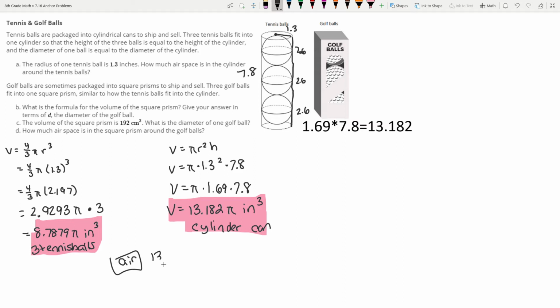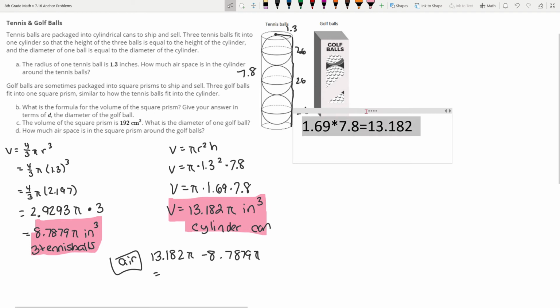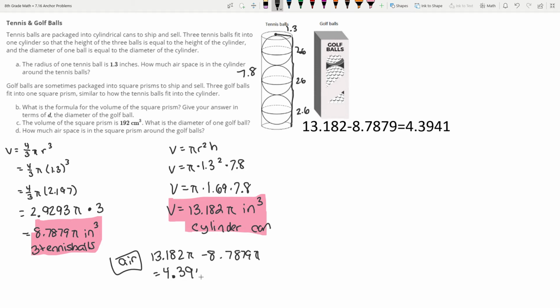Take the 13 and 182 thousandths pi, subtract the 8 and 7,879 pi, and we end up with 182 minus 8.7879 is going to be that much pi. So as an exact answer it would be 4.3941 pi cubic inches.